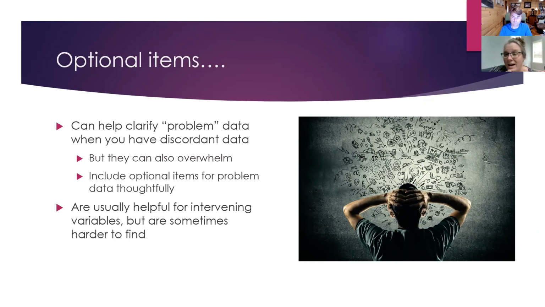So what I recommend when you're deciding about optional data, particularly for your problem data, is look at that if your required measures tell you a different story or it's not clear what's going on. An additional data source, when you have data that seems dissimilar, can help you to make a decision.